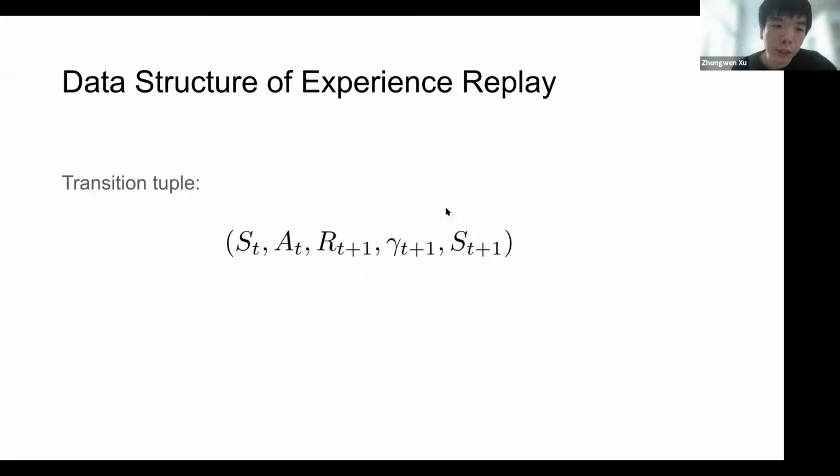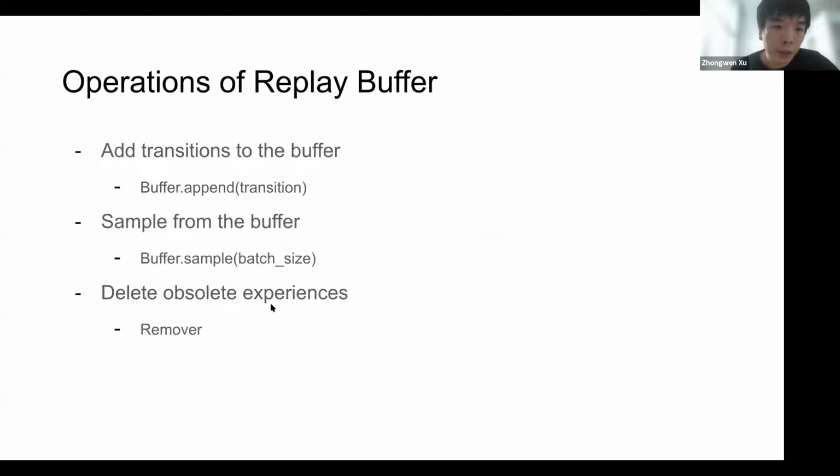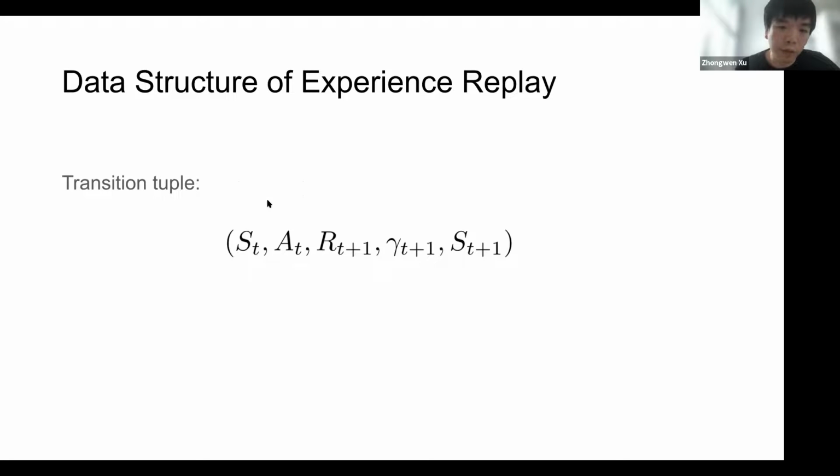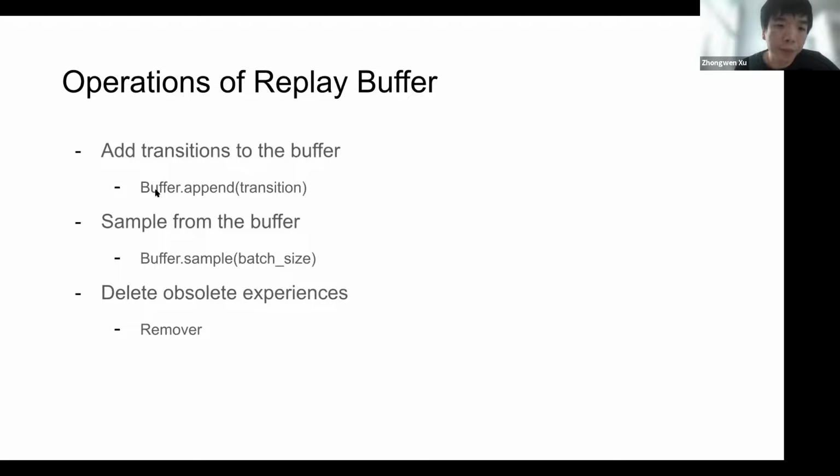If you store this kind of transition in the experience replay, you can perform these different operations on the replay buffer. The first one is to add the transition to the buffer. In pseudocode, you have a buffer, and the buffer can append the transition in tuple form.